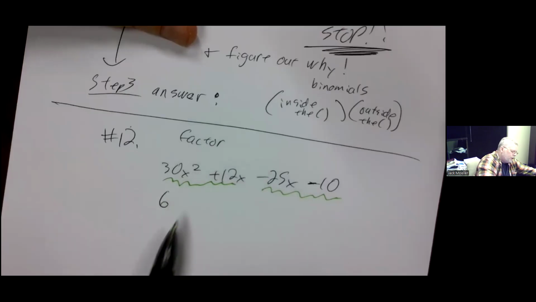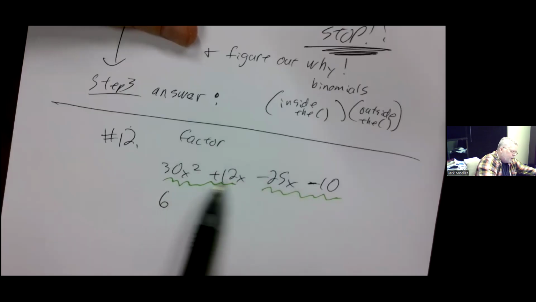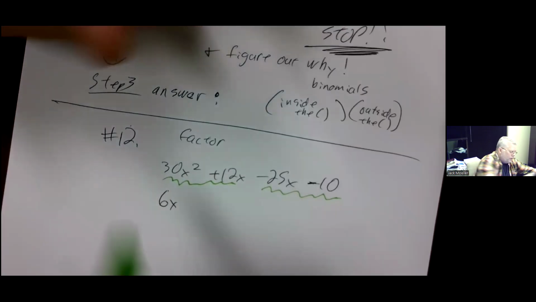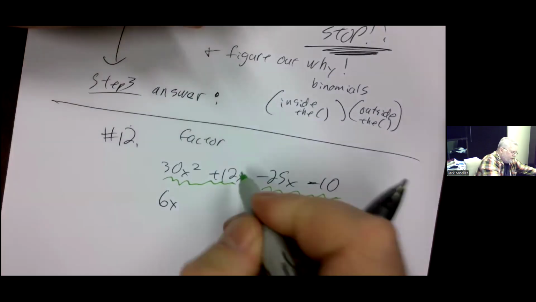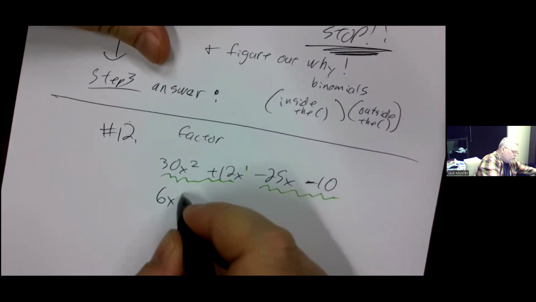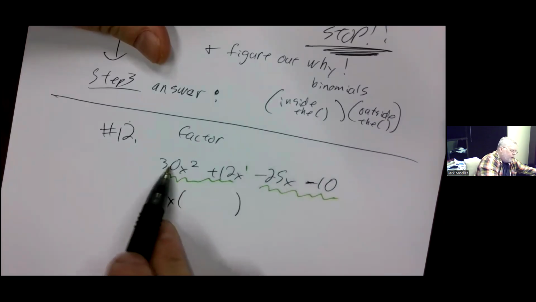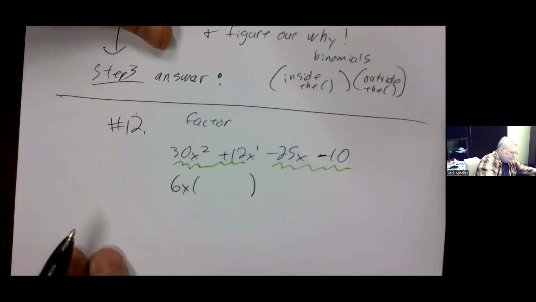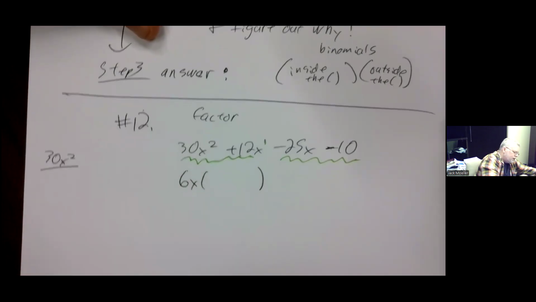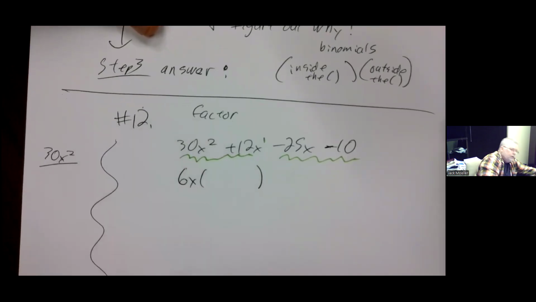And then variable-wise, both have x. This is x to the first, so that's what I talked about. You may want to put that 1 there. So the GCF for the first two is 6x. Then what do you have left? We'll divide both of those by 6x. Again, if it helps you to write this down, go off to the side and do this.